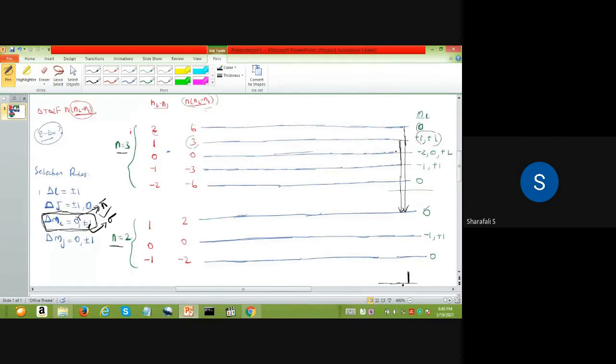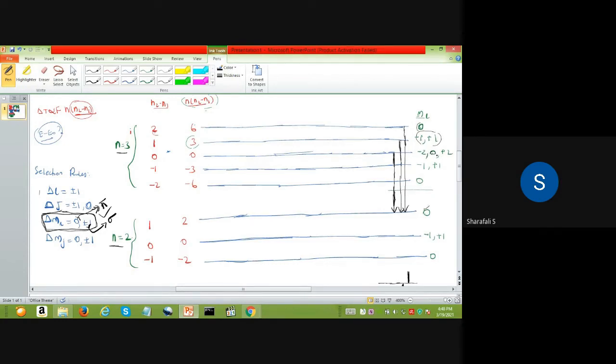Again, minus 2, 0, plus 2 to 0. If you take that particular case, remember this transition: minus 2 to 0 is not possible, plus 2 to 0 is not possible, only 0 to 0 is possible.